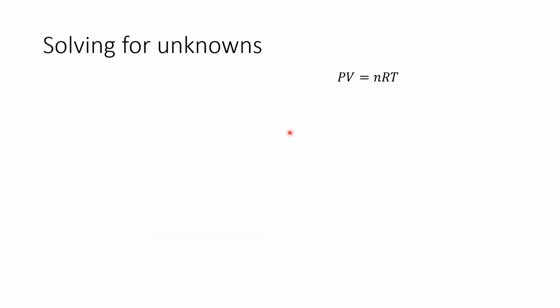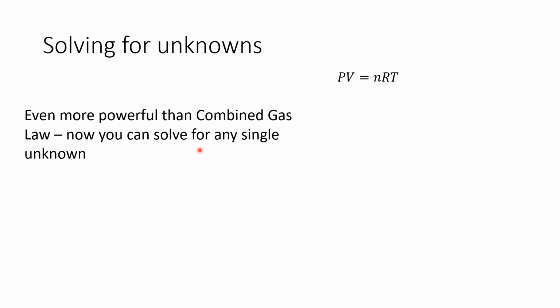So if we've got this PV equals nRT, now we're down to just algebra to solve a problem, right? It's more powerful even than the combined gas law, because now you can just use it to solve for any single unknown.